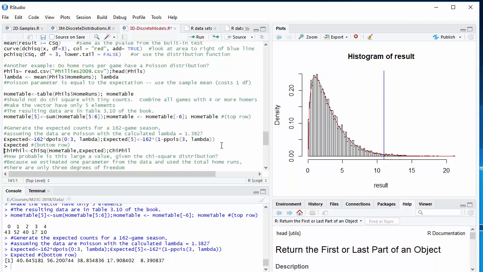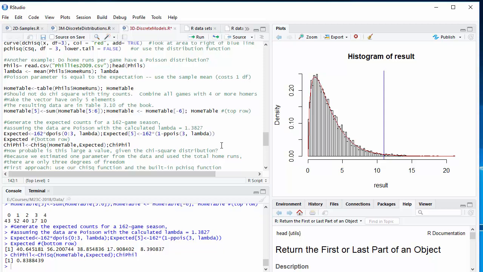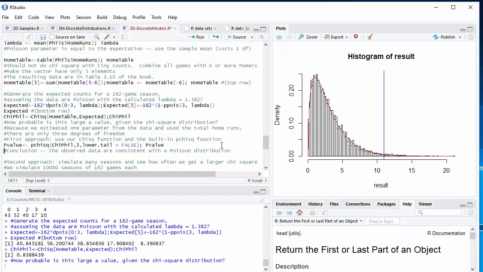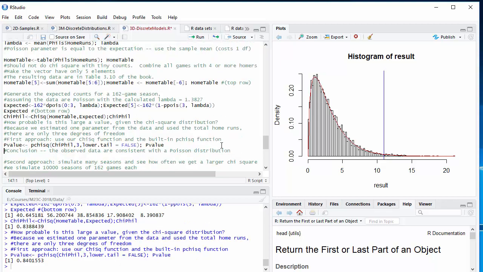Okay, we use our own chi-squared function to assess this discrepancy. We get a mysterious value 0.83, and now we have to interpret it. We estimated one parameter from the data, so there are only 3 degrees of freedom. And one way we can do this is to use our chi-squared function and the built-in function for the distribution function of the chi-squared distribution.